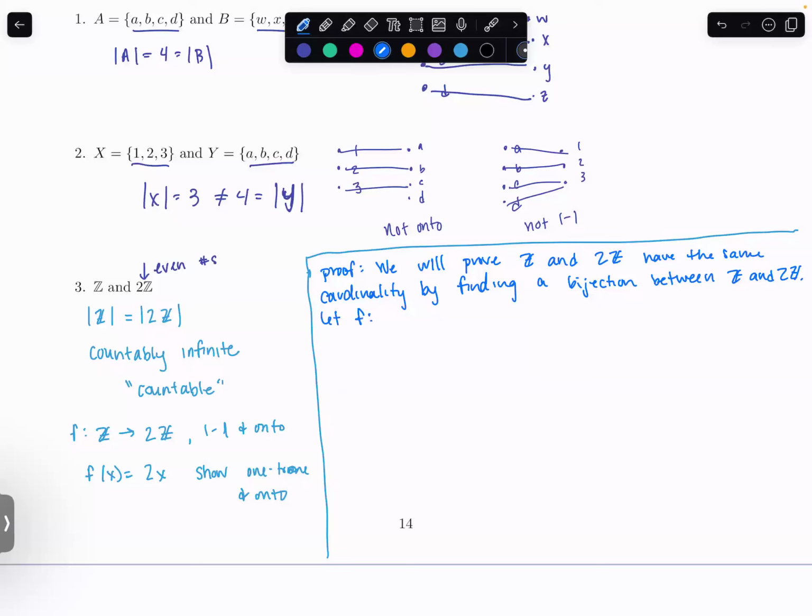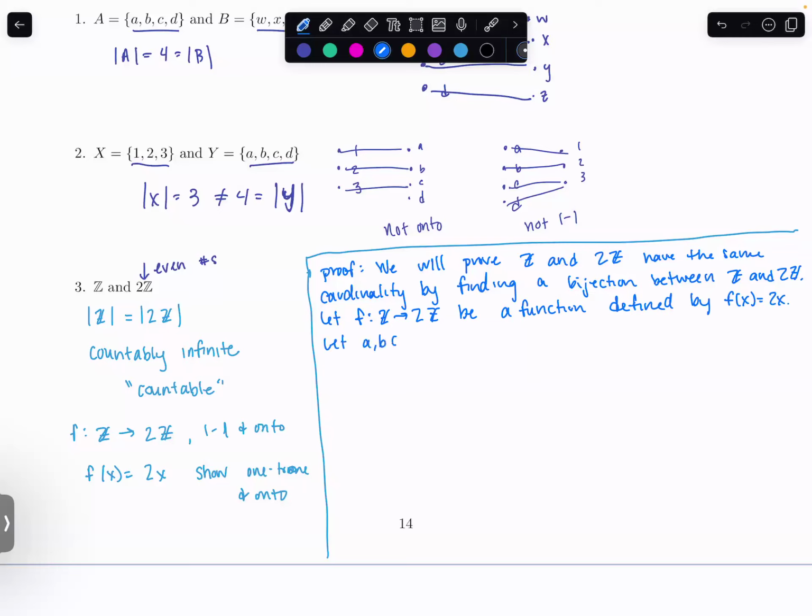Let F from Z to 2Z be a function defined by F of X equals 2X.